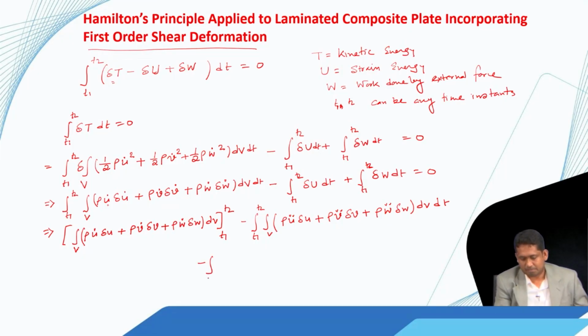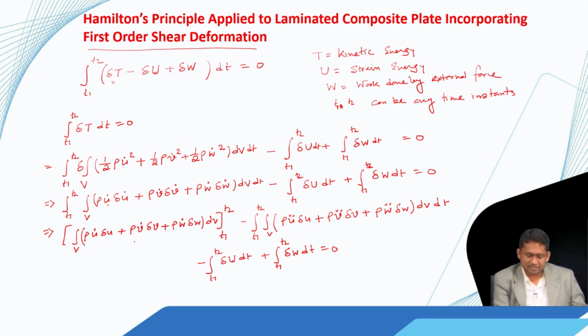And then we have minus the integral from T1 to T2 of variation of u, plus the integral from T1 to T2 of variation of w, and then this entire quantity is 0.